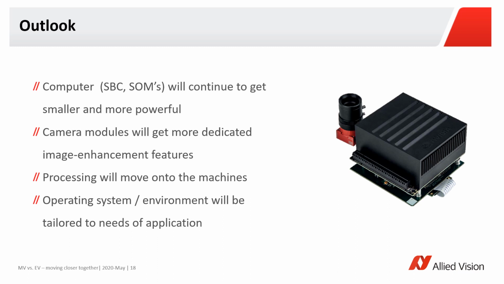We have a current buzzword, which is edge computing, which really means that the data is processed where it is generated. And we'll also see that the operating system or the whole systems will be more tailored to the needs of the actual application. That means more customization, more dedicated hardware for dedicated tasks.